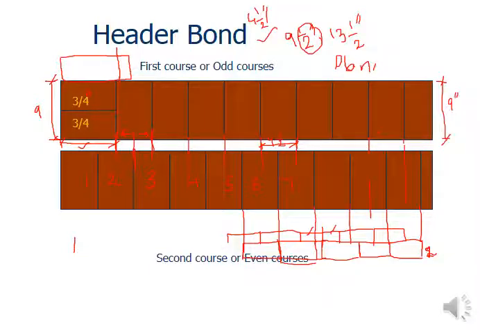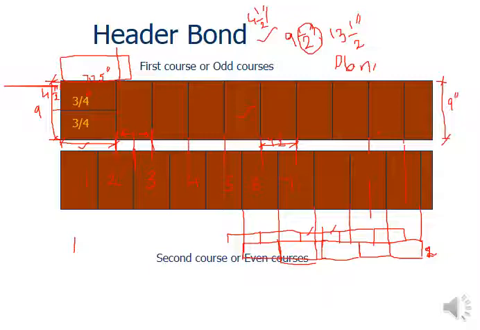Okay, so in that particular way you have to place your brick in such an orientation that its 7.75 dimension will come along the length and its 4.5 dimension will be on the other side. Okay, so in this particular way you are going to place your first course.